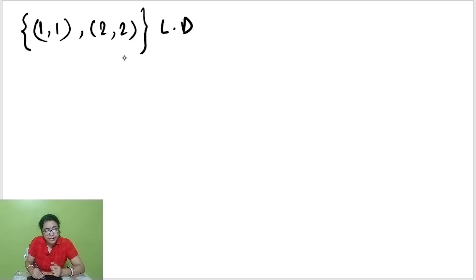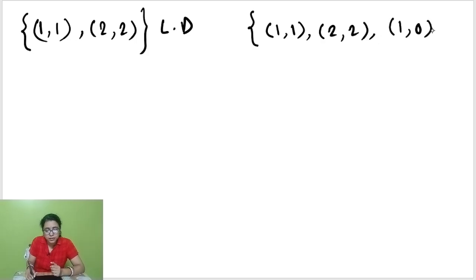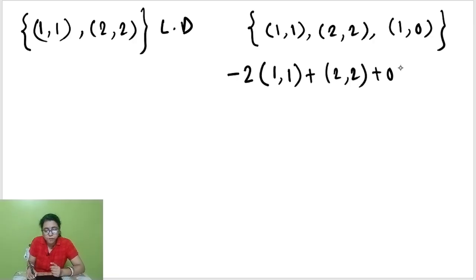Now, if I add any vector in this set, suppose I have added 0, 1, 0, then we can always get this combination as the 0 vector.